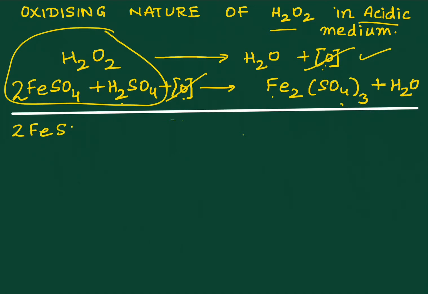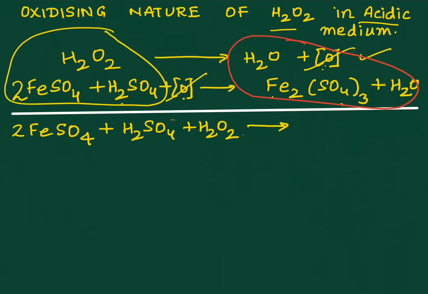So we have 2FeSO4 plus H2SO4 plus hydrogen peroxide giving you... Now, you have to see the product side. Again, write the complete equation. Fe2(SO4)3 plus water. So how many molecules of water? Correct, it's 2 molecules of water.